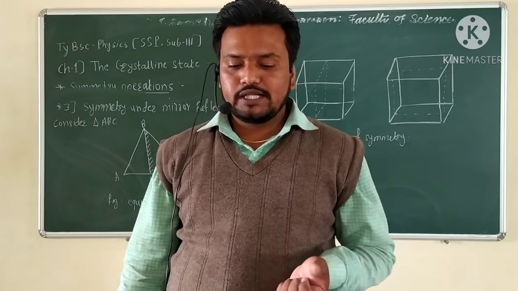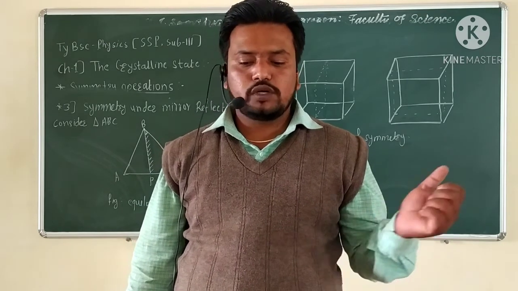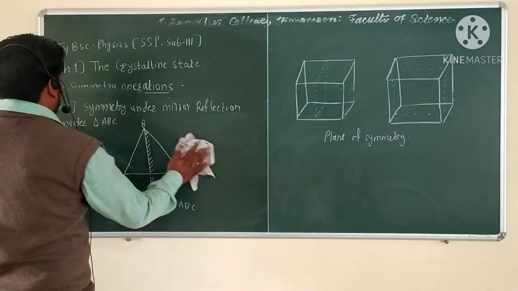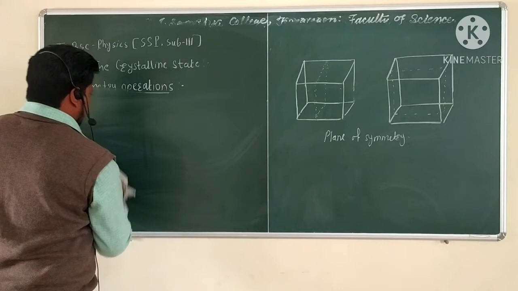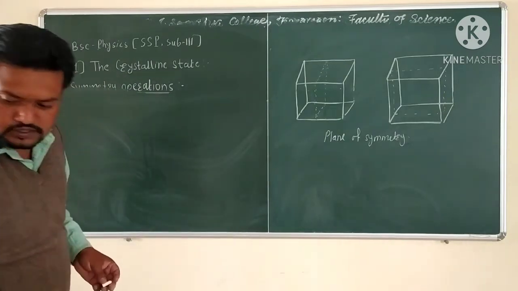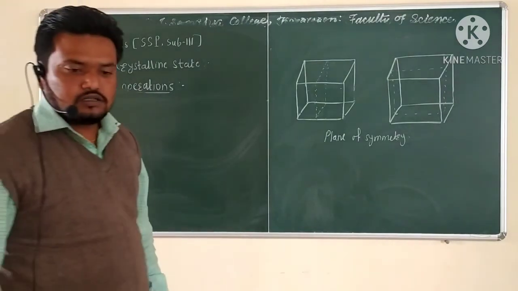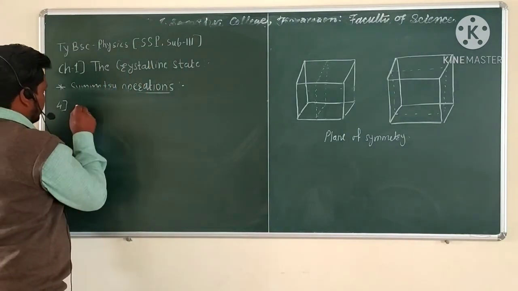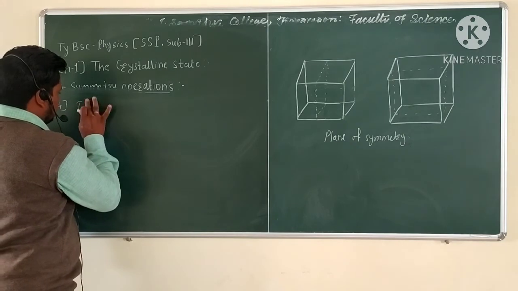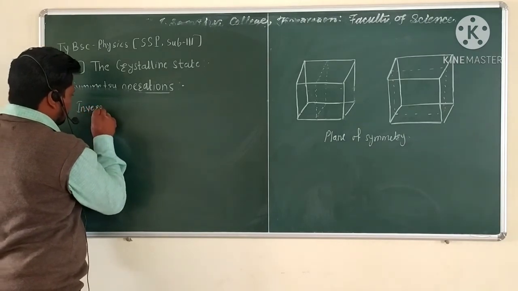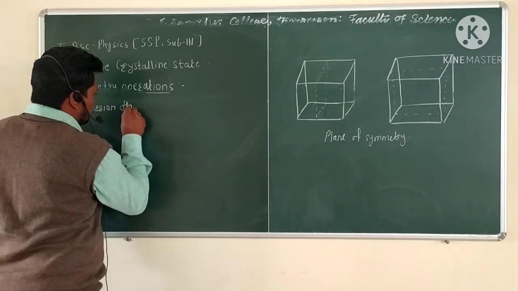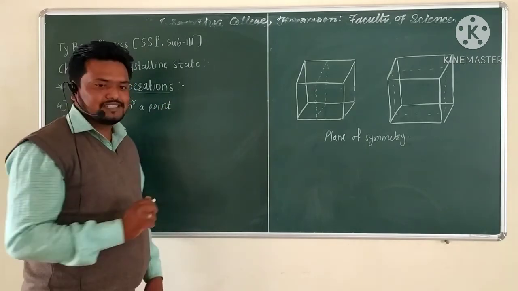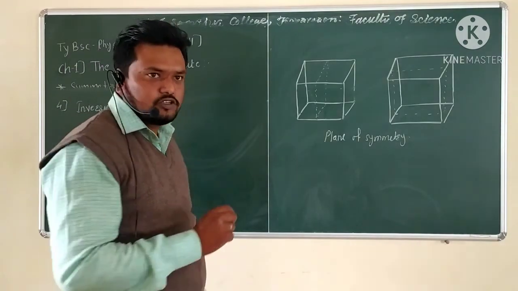Now the next symmetry which is given is the inversion through a point or center of symmetry. So the next type of symmetry is inversion through a point, or the center of symmetry.